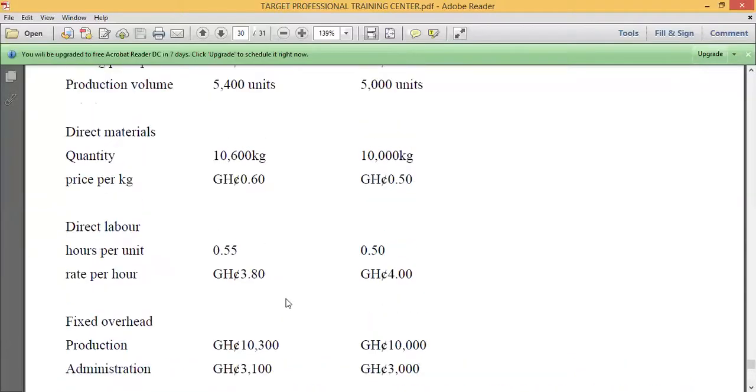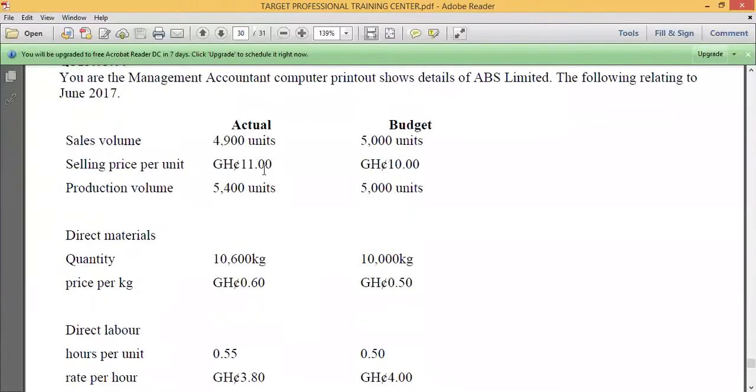So to get the budgeted profit, you start with sales revenue and budgeted sales units. Production is equal to sales, so that's 5,400. The sales units is 4,900. You have to use the sales units, 4,900, by a selling price of 11 to get the sales revenue. So first of all, let's do that workings first.